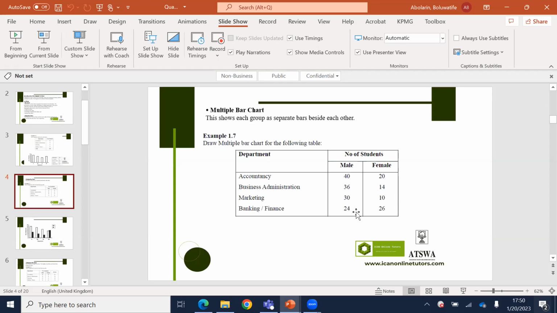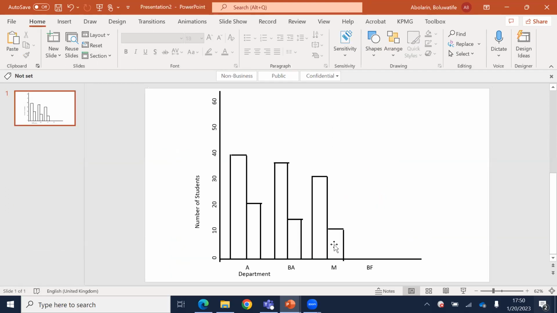So for the banking attendance is what? 24, 26. Please be noting it down as I'm doing it. You can be doing it on your side too. 24, 36. We are going to also 24. So where is 24? If 25 is around here, if you go a little bit lower, it will be 24.